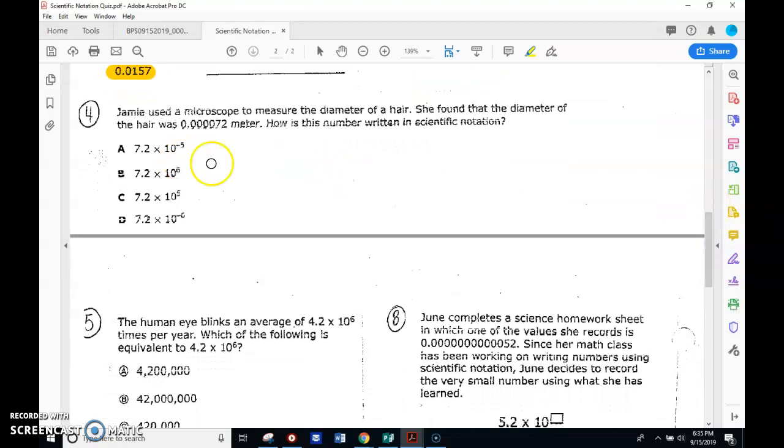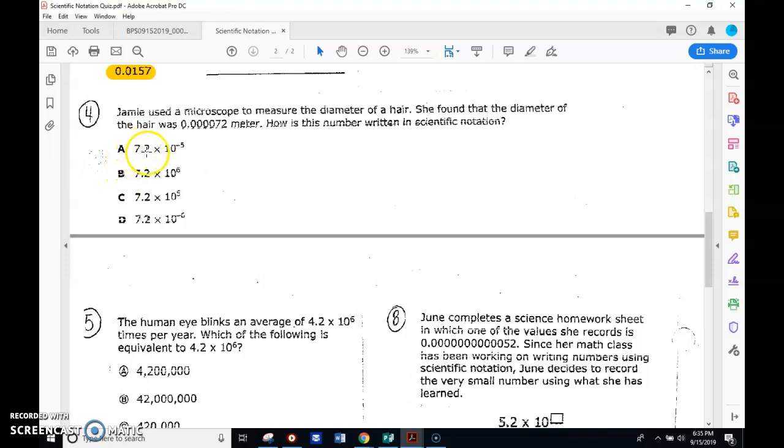Number 4. Jamie used a microscope to measure the diameter of a hair. She found that the diameter of the hair was 0.000072 meters. How is this number written in scientific notation?